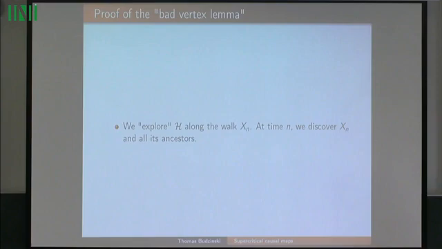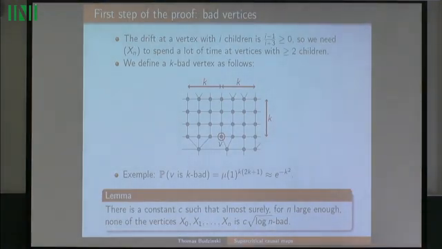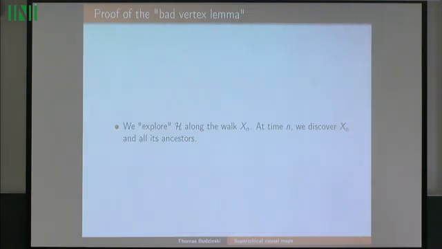More precisely, the idea of the proof of this lemma is to explore the causal map at the same time as the random walker. Each time the random walker reaches a new vertex for the first time, we discover this vertex and all its ancestors, because we don't want to discover a vertex and discover its ancestors afterwards. So the explored part will look something like this.